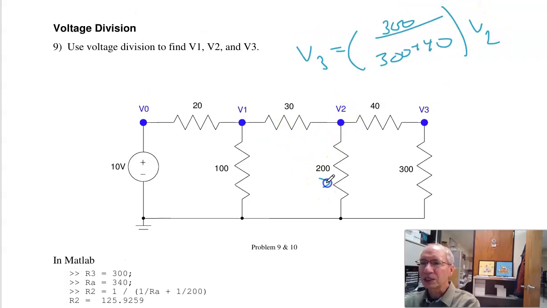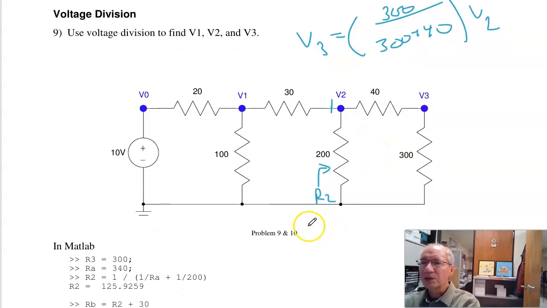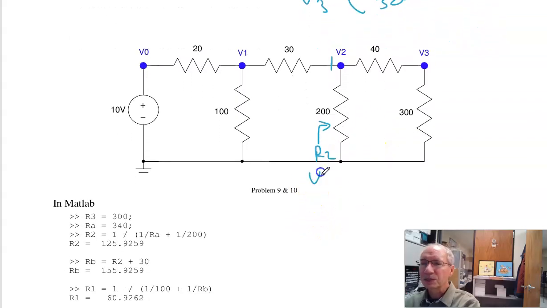V2, let's call this guy R2. The total resistance looking right at this point, which is 340 in parallel with 200. V2 then is R2 over the total, R2 plus 30, is that percentage of V1.